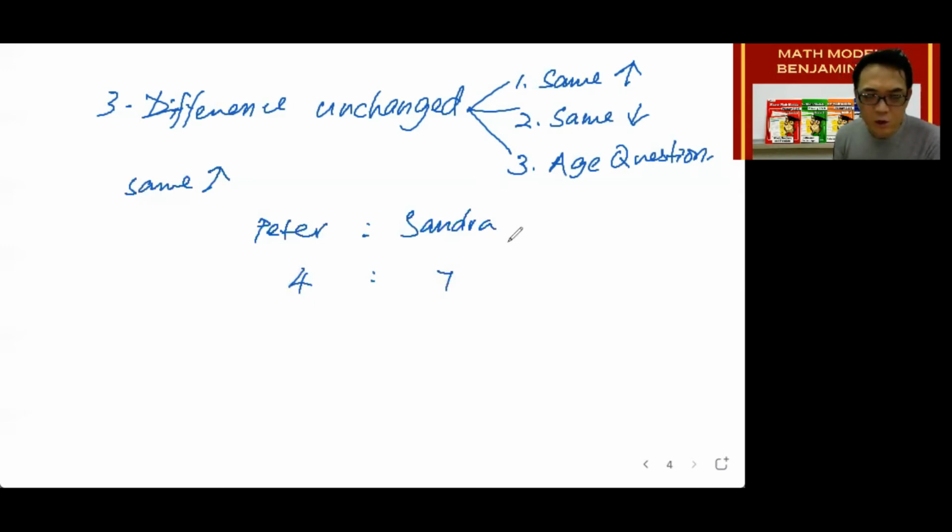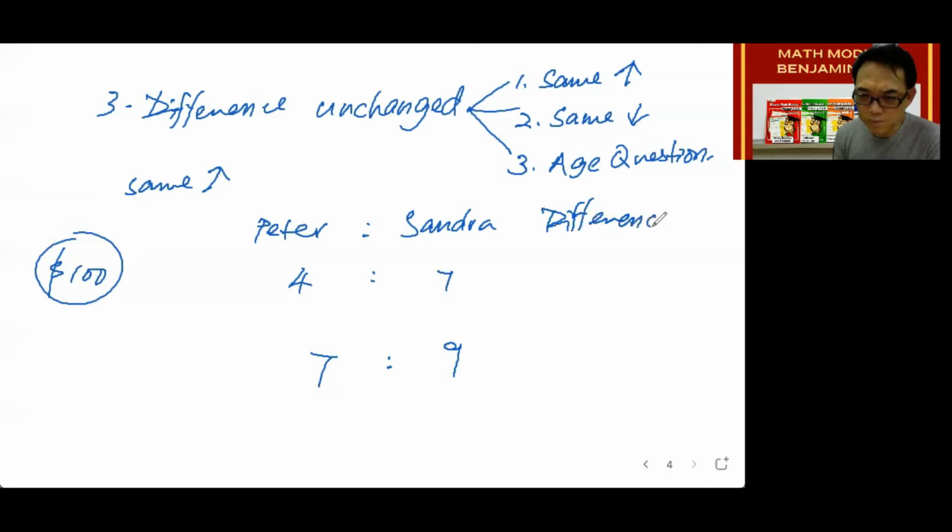And then the question will say that their parents will give them both the same amount of money. Let's say $100 each. And as a result of giving them this same amount of money, the ratio changes into, for example, 7 is to 9. So in this example, they have both increased by the same amount of money, and this means that their difference doesn't change.